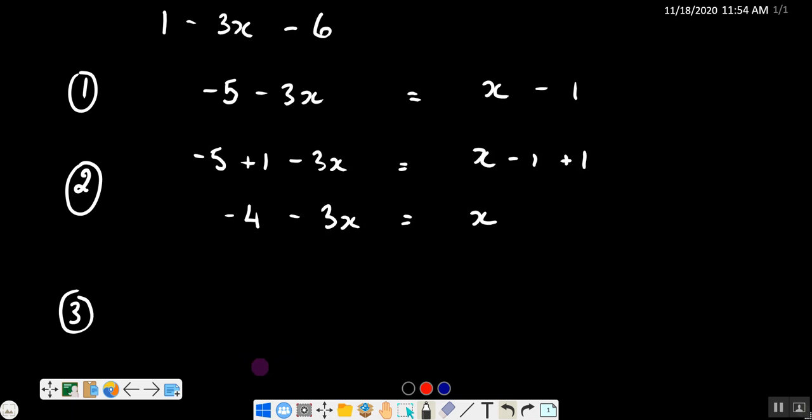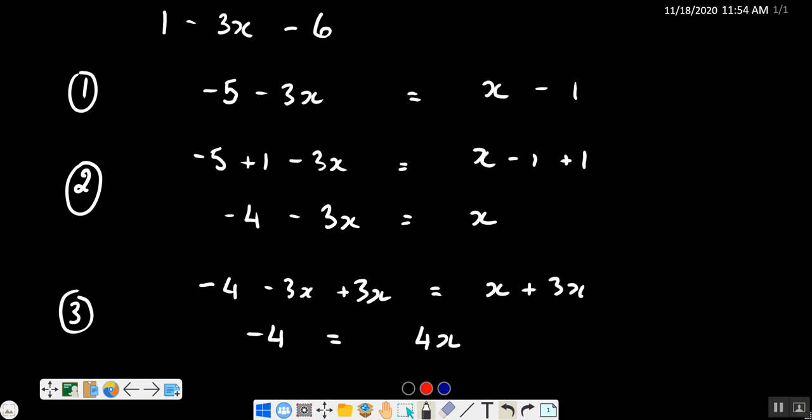We can instead what? Add 4. Again, I could add 4, but probably the best thing would be to do subtract 3x. Let's add the 3x instead. And this side I've got x add 3x. I end up with negative 4 equals 4x.